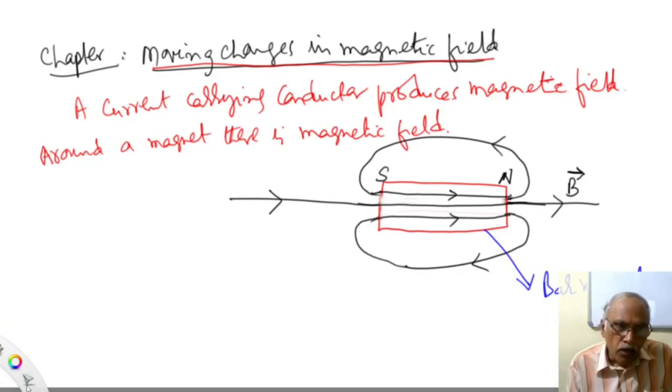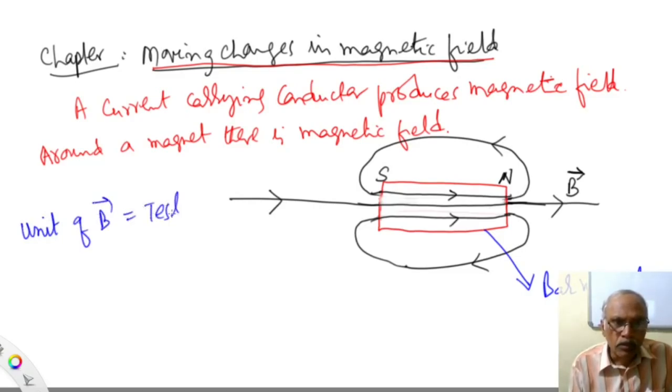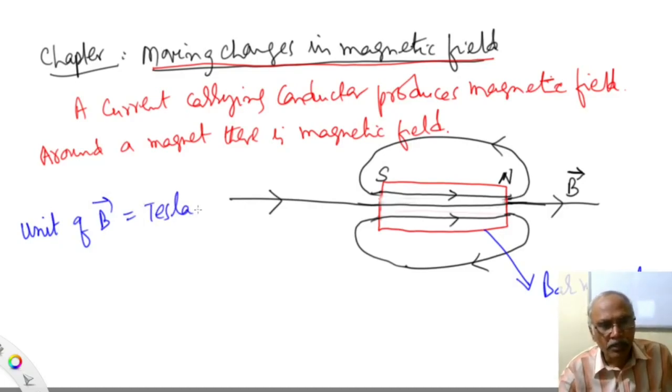Now, magnetic field is denoted by letter B, and the unit of magnetic field is Tesla. What is the unit of magnetic field? Tesla.